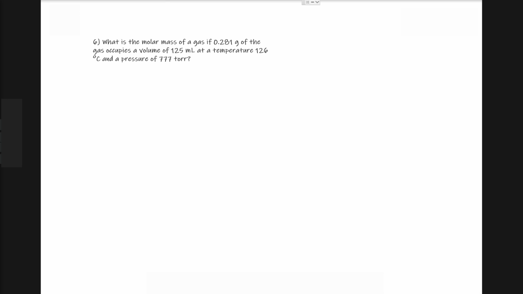So again, we're going to have to manipulate our ideal gas law a little bit. We have PV equals nRT, but obviously we need molar mass. So the version that we're going to have to use is PV equals grams over molar mass times RT. Just multiply both sides like we did in the previous problems. We get molar mass times PV equals RT.